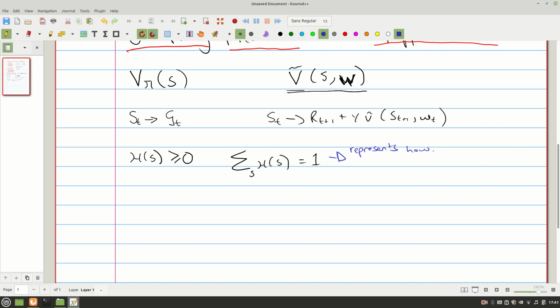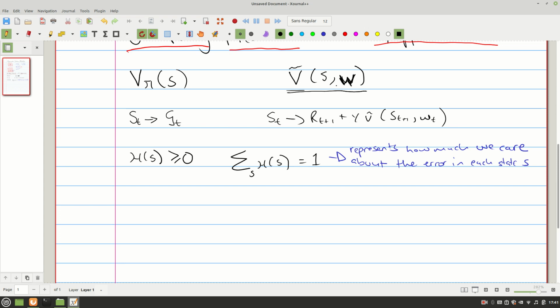Once again, let me write this down to make it clear. This represents how much we care about the error in each state s. Since w is much smaller than s, the error in some states might be higher than in other states.